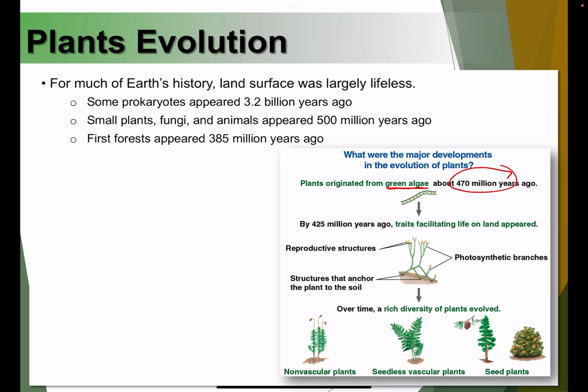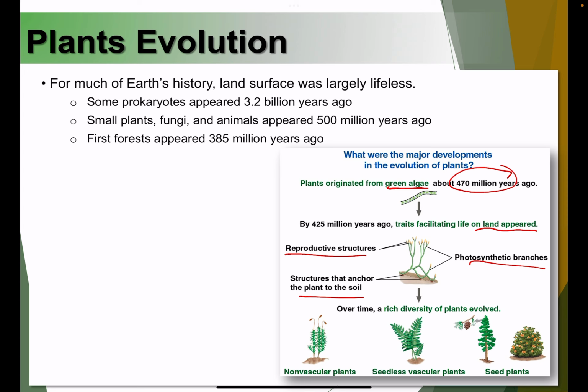And by 425 million years ago, some early plants had traits that were able to facilitate their life on land, and we'll talk about those details of how they became adapted to life on land in a bit. These traits include reproductive structures, photosynthetic branches, and the structures that anchor the plants to the soil, which are these three things depicted in the picture.